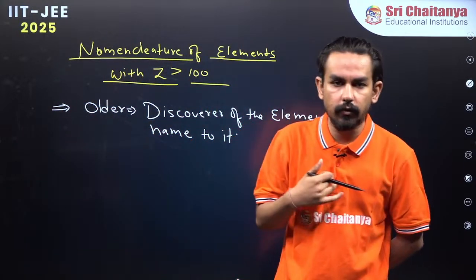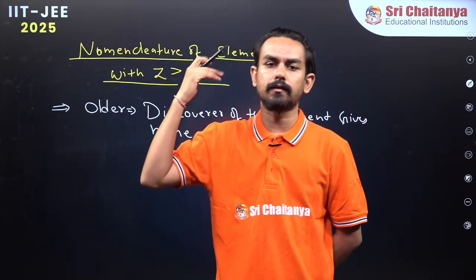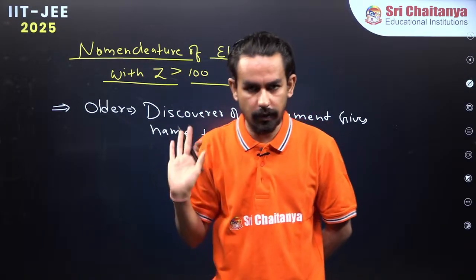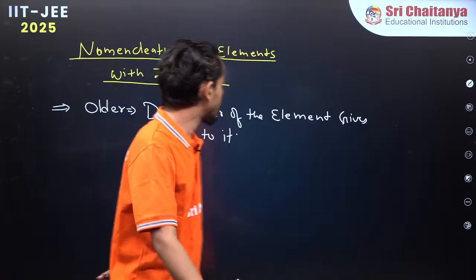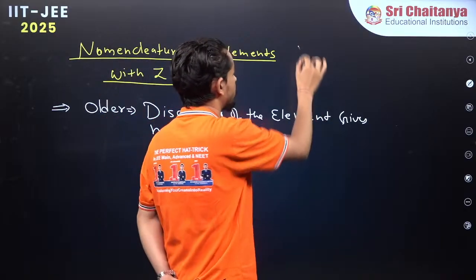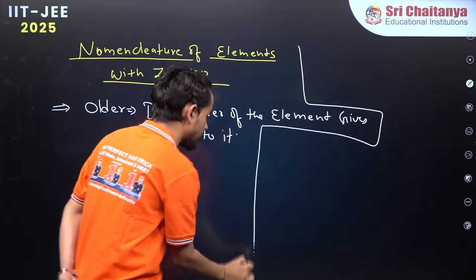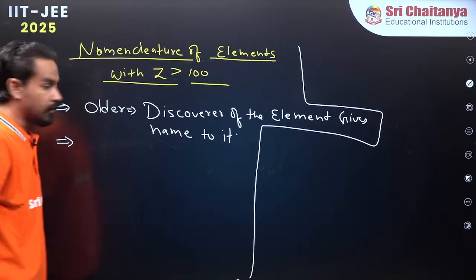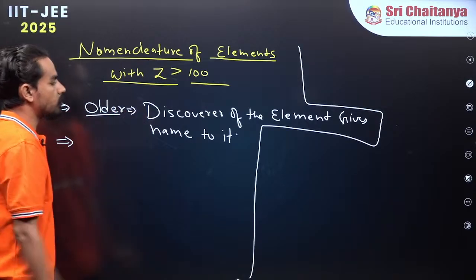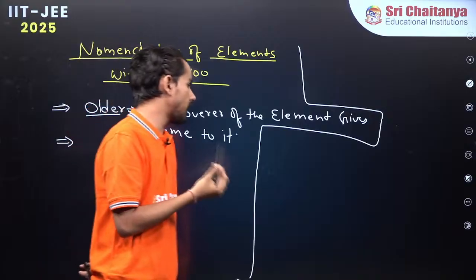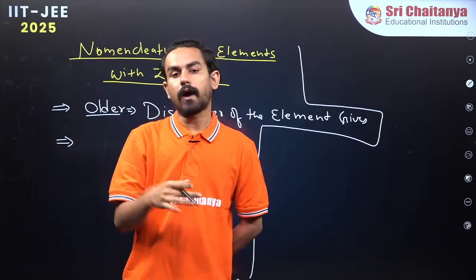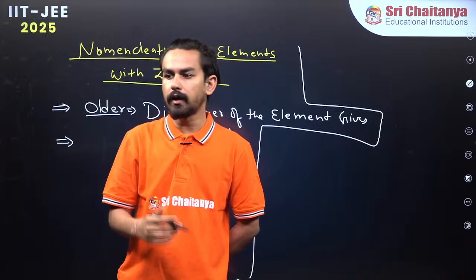He can name it after himself, or some idol of his, some family member, or whatever he wants. He can also name it on the basis of his favorite anime character. So in older times the discoverer of the element gave it a name, whatever the name. Okay, but why did this system need to be changed?